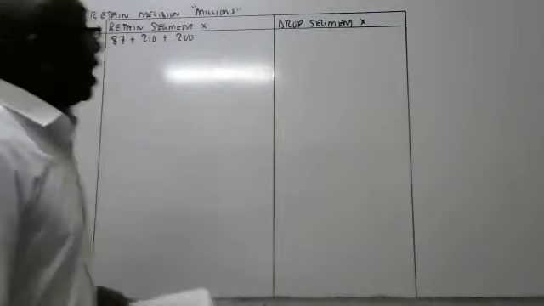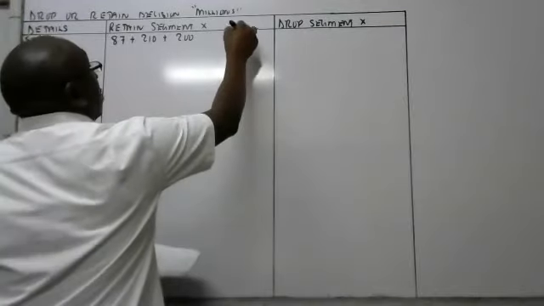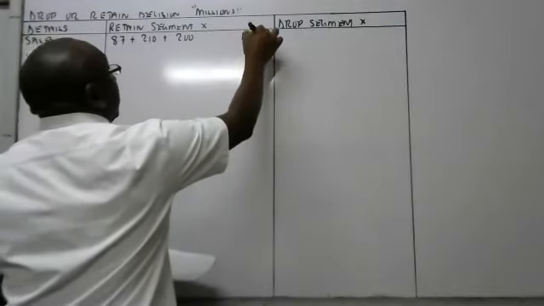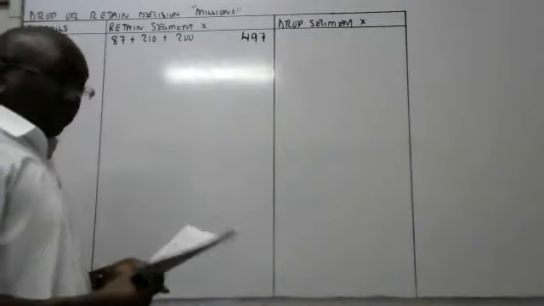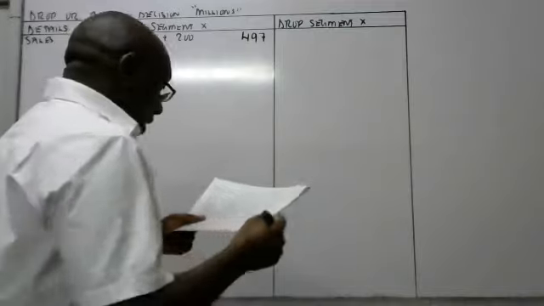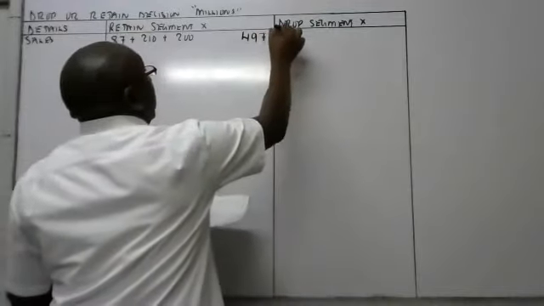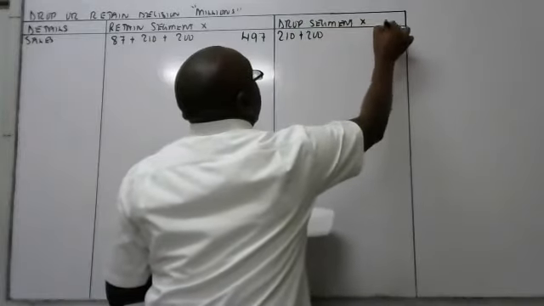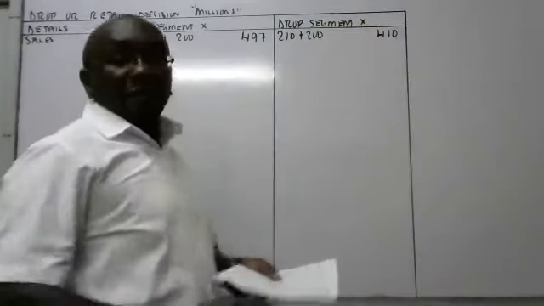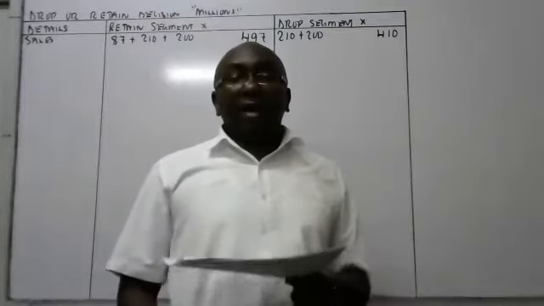Yes, Paris, 497. Good. So 497. But if we drop segment X, we will have 210 plus 200. So that will be 410. If you drop, you are going to have 410.